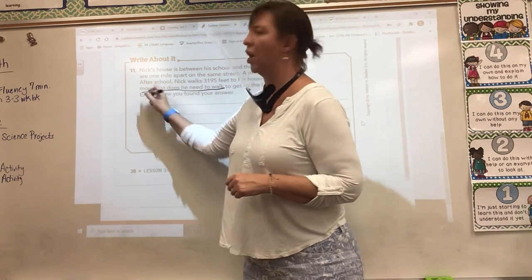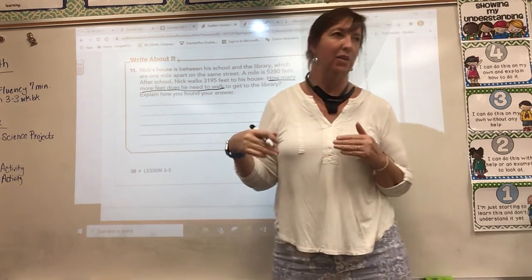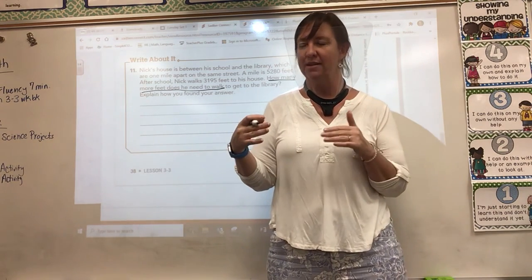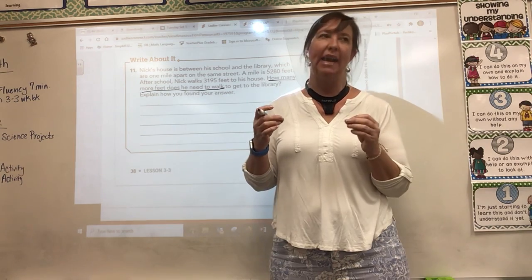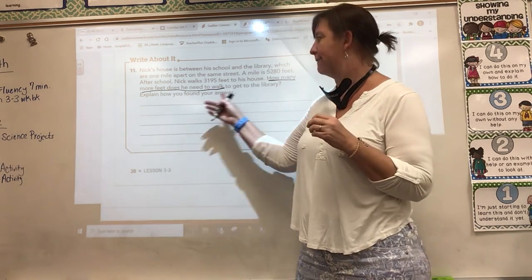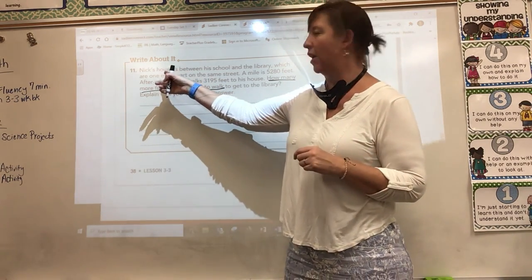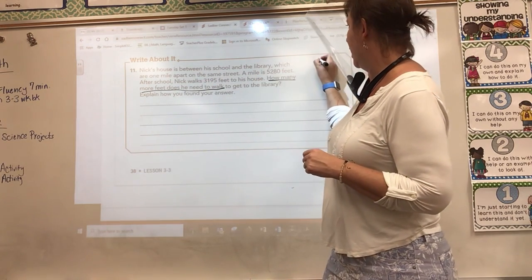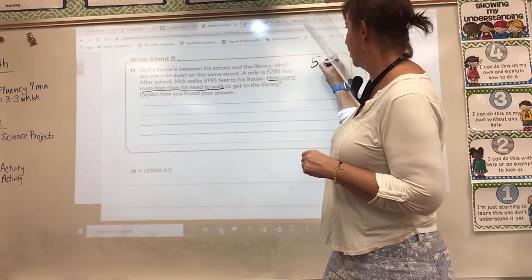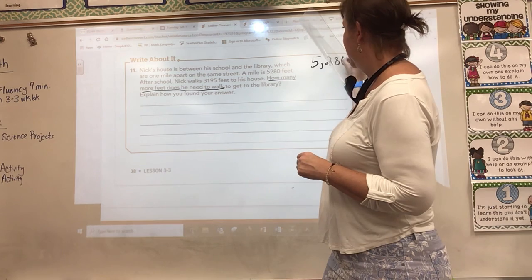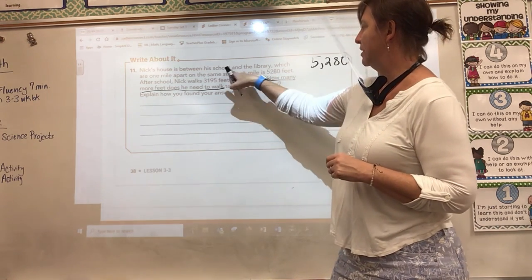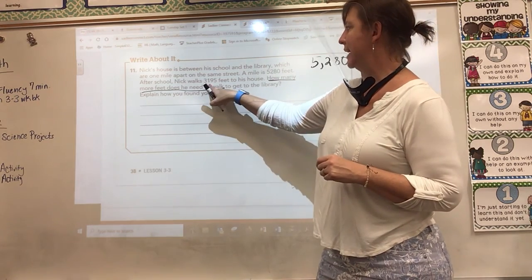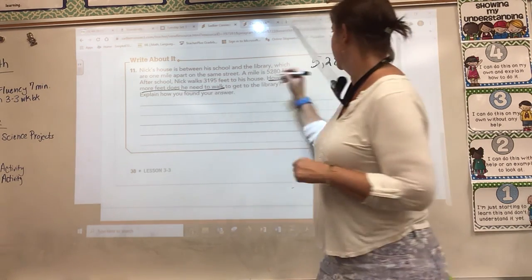I like to always read the last sentence in the word problem before I read the rest of the word problem because then I can read it with sharper eyes. So if I read that first, then I can go back and say, okay, Nick walked. This is how far it is to get from his school to the library, and this is how far he walked. So then I subtract.